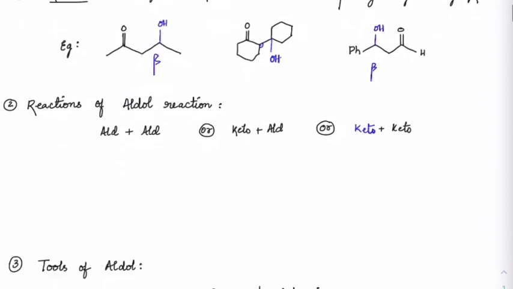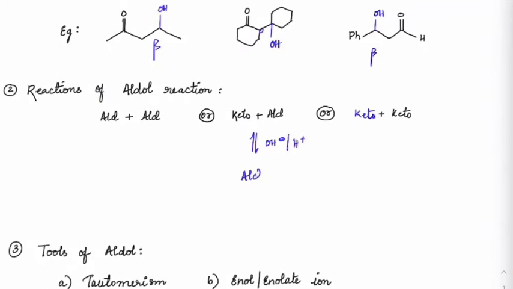Now, this aldol formation is done as you add either a ketone and aldehyde, aldehyde and aldehyde, or ketone and ketone, in the presence of either OH minus or H plus, which means either an acidic medium or a basic medium, and we will get aldol. So aldol formation is observed in both acidic and basic medium.